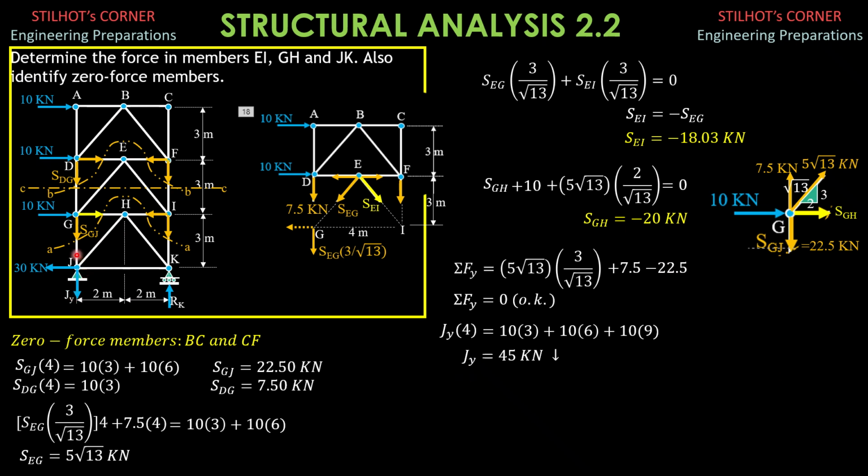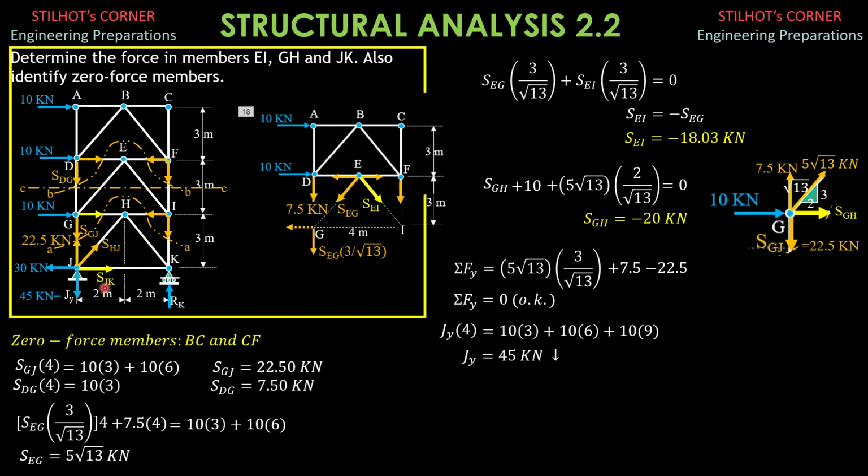So we then isolate joint J, draw the free body diagram. We have SGJ upward, which is equal to 22.5 kilonewtons. The JY is 45 kilonewtons. This is SJK. Let's draw it. So that's 22.5 kilonewtons. This is SGH. The slope is again 2 horizontal, 3 vertical, and this is the required SHJ.